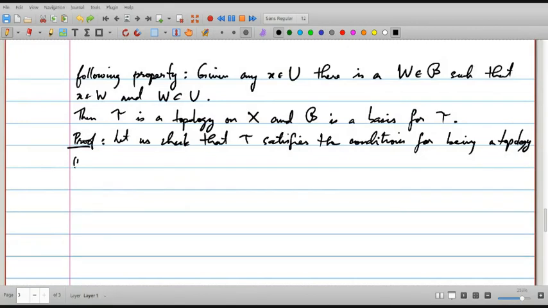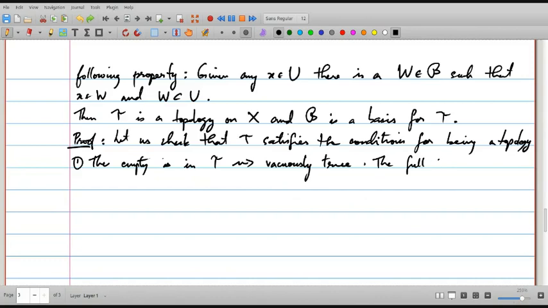The first condition is the empty set. The empty set is in tau. So this is vacuously true. The second condition is the full set X is in tau.